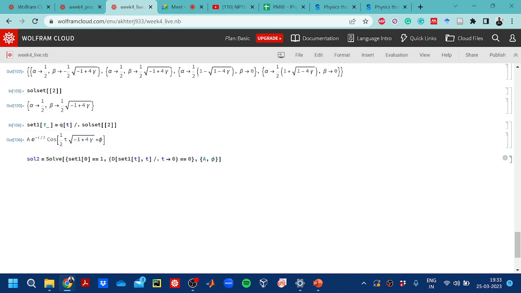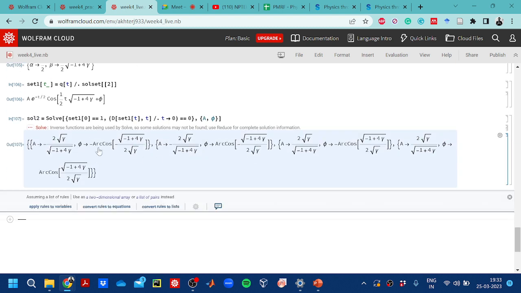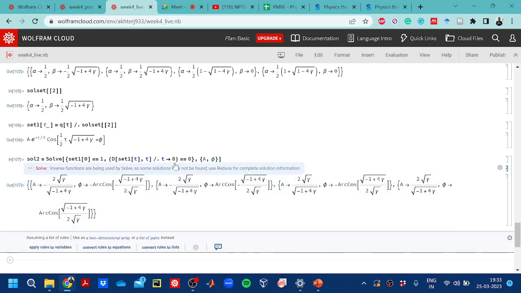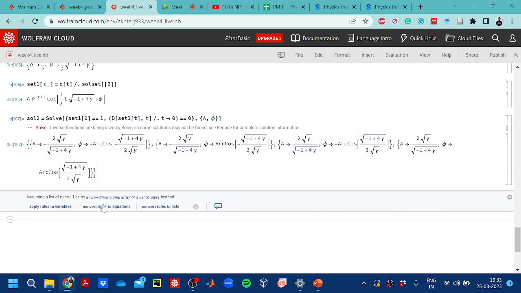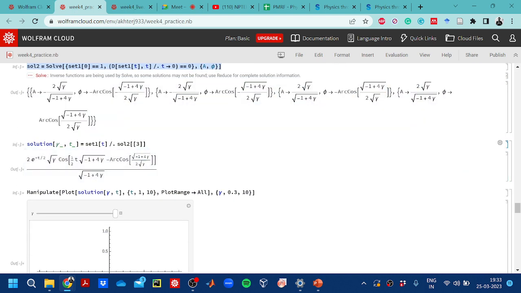So if we do that, then we will get the set of solutions. These are the set of solutions which you can obtain from the value of gamma. So let us work with any one of them.